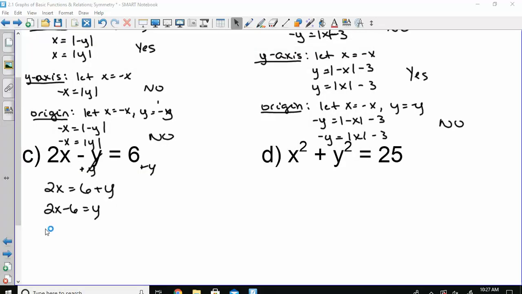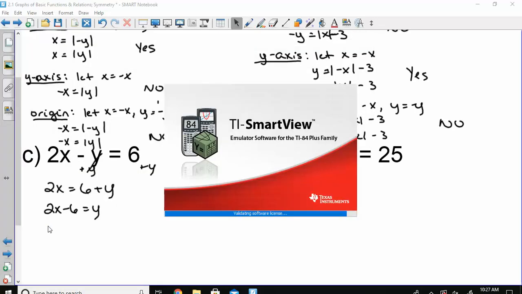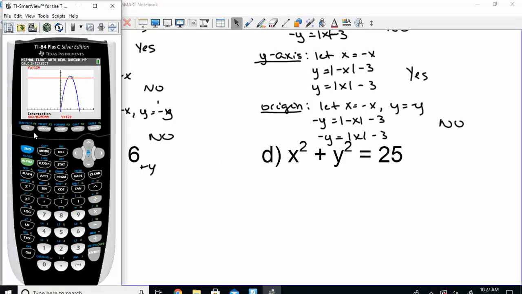So then if you graph that, go to your graphing calculator. So we're graphing 2x minus 6.